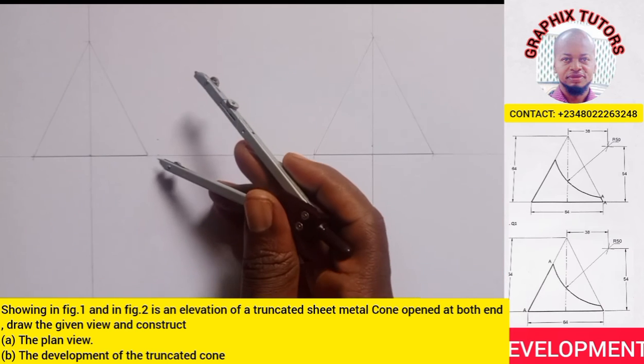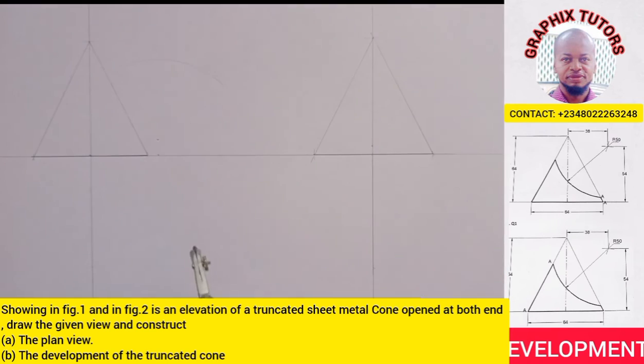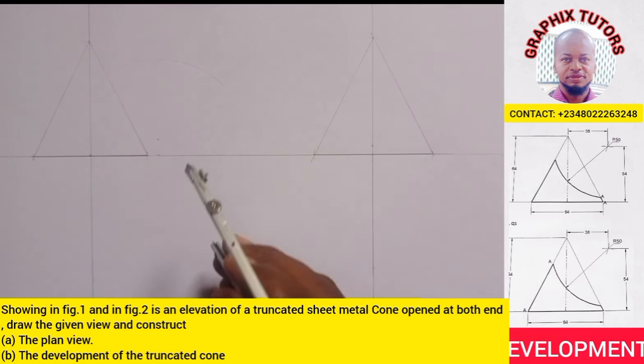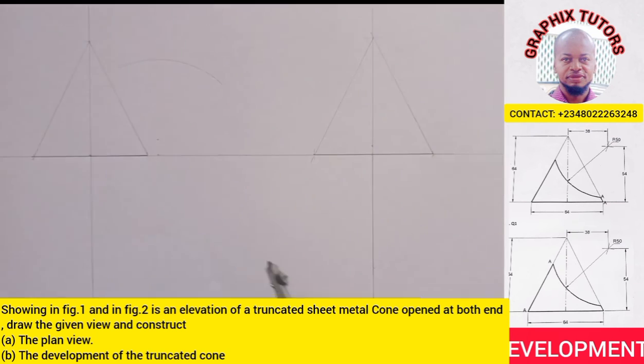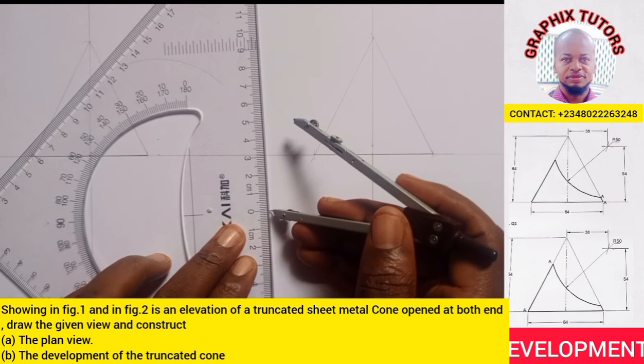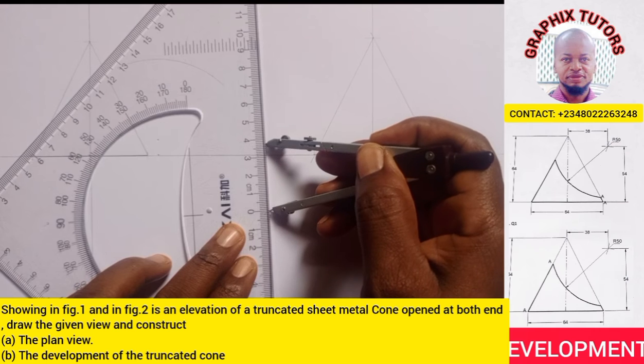Then I'll come to this point. I will strike an arc. Can you see that? I'll come to this point. I'll strike an arc. And I'll come again. I'll measure 38, from 0 to 38. Hope you can see that.